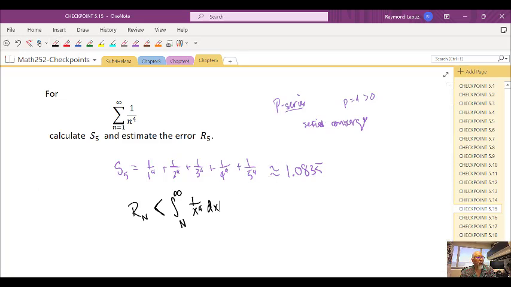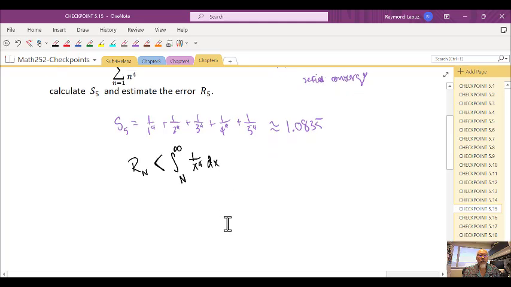If we can figure out what this integral is, then we have a boundary for our remainder, or error term. So our task is to solve this integral, where N is equal to 5 because that's what we're looking for.